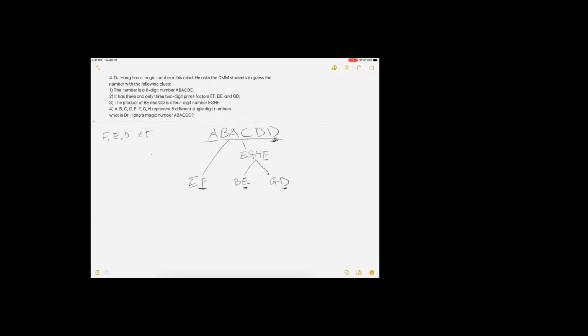I hope you all understand this, because if it is 5 and it's a 2-digit number, it must be a multiple of 5, then it cannot be prime. So since they are prime, F, E, D cannot be 5. Wait, I think you wrote EGHE instead of EGH.